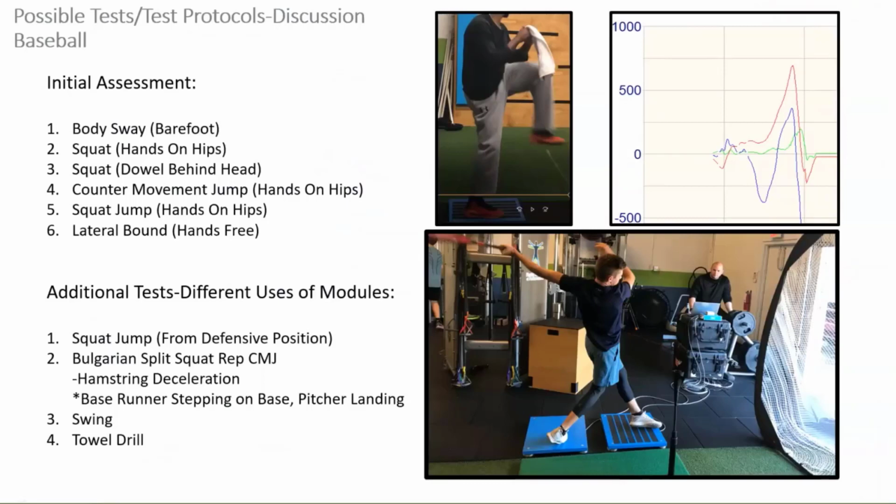And then just think outside of the box with a specific sport, like a swing or a towel drill or a golf swing or a volleyball player trying to block a ball, or anything I can see as applicable. I'll try it out and see if it gives me information or not.